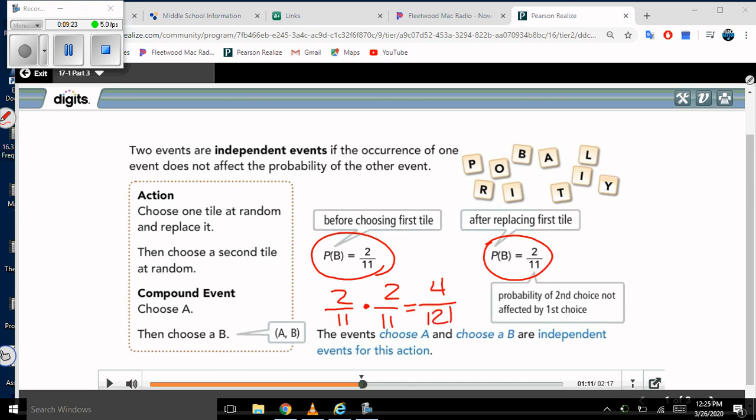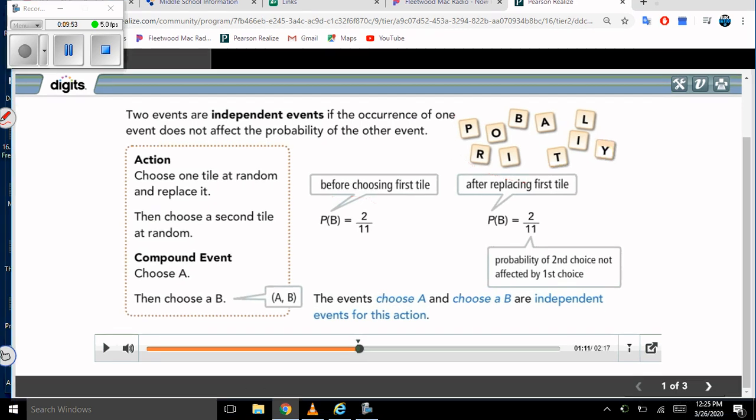So if I gave you this pile of letters and I said, what's the probability of you pulling a B, replacing it, and then pulling a B again? The probability of that happening is 4 out of 121. So you can see the chances of that taking place are very unlikely. All right, let's move ahead to my next slide.